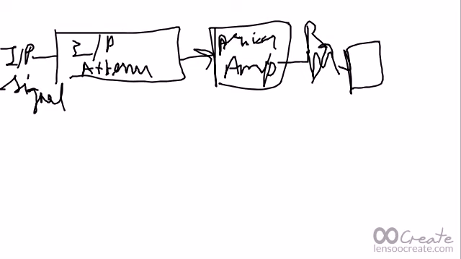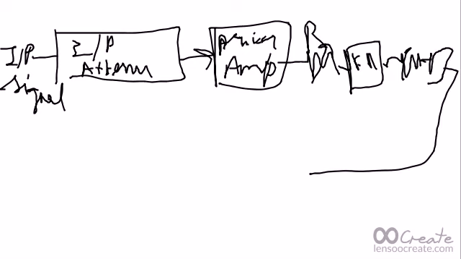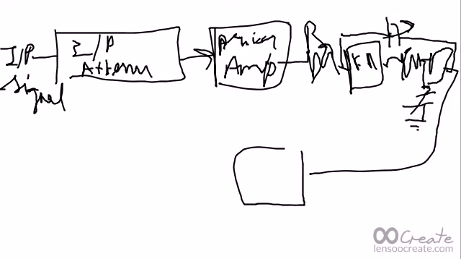Then there is a filter amplifier. Then again there is a resistor, then a filter amplifier. From here we have a variable capacitor. Here also we have a variable capacitor. Here we have a meter range amplifier.